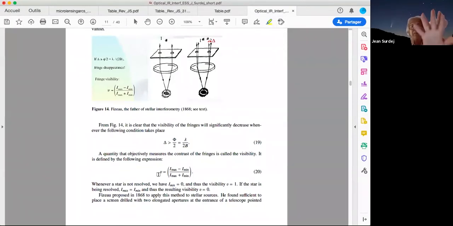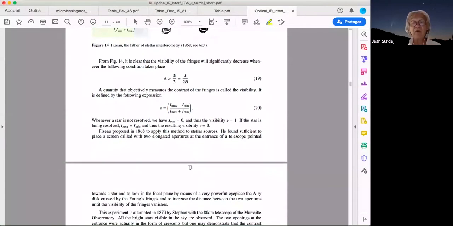Now in case you resolve a binary star system or an extended stellar disk, of course, the bright fringe is equally bright as the faintest one, because you don't see any fringes. So I max minus I min is equal to 0. So then the visibility is 0. So you see, it's a very nice quantity, which varies between 0 and 1. And remember its expression, because it will come very often in the remainder.